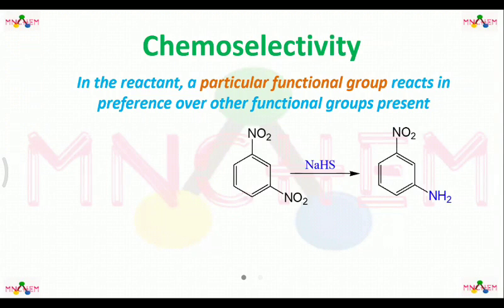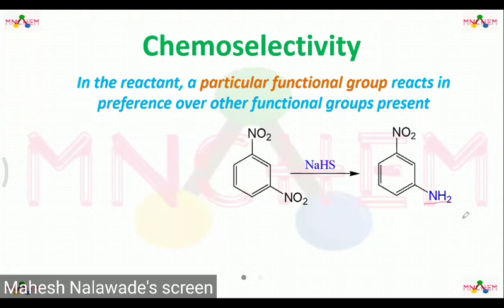So here it can be clearly seen that one of the nitro is selectively reduced to amino group. So sodium hydrogen sulfide is selectively reducing meta-dinitrobenzene to meta-nitroaniline.